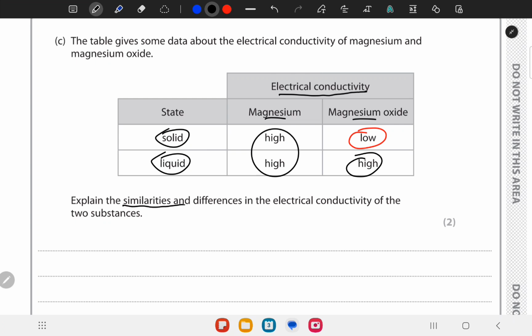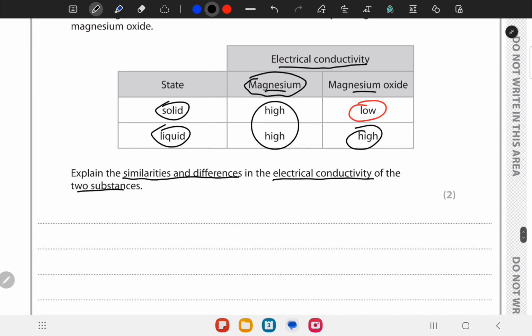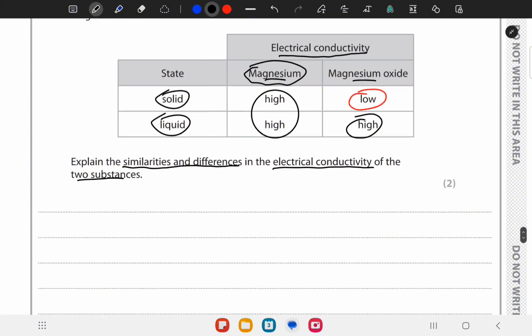We have to explain the similarities and differences in the electrical conductivity of the two substances. Now, magnesium is a metal, so it has delocalized electrons which are free to move, and the delocalized electrons are there when it's solid and when it's liquid, in both phases.